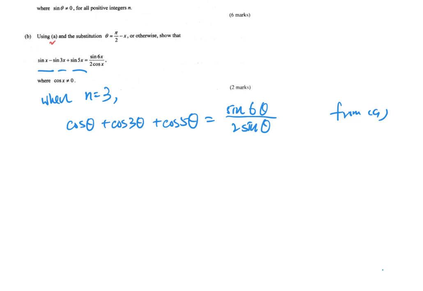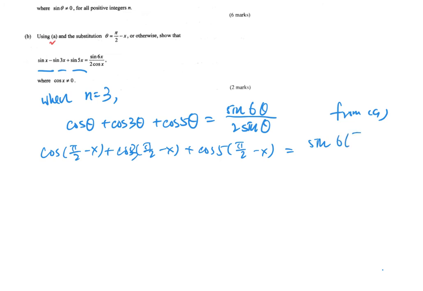And then we are going to substitute pi over 2 minus x: cosine of pi over 2 minus x plus cosine 3 times pi over 2 minus x plus cosine 5 times pi over 2 minus x equals sine 6 times pi over 2 minus x divided by 2 sine pi over 2 minus x.